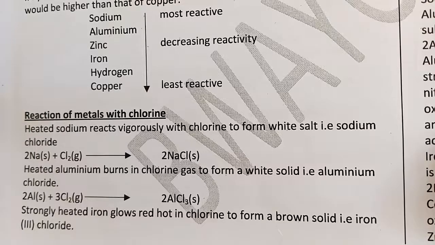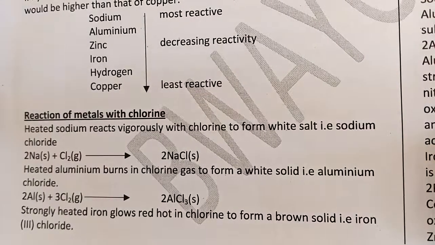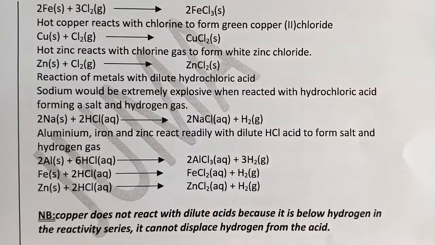And the observations that will be observed when that reaction is taking place. And then lastly, those other metals, copper, zinc, iron as well, reacting with the chlorine to form the respective metal chlorides.